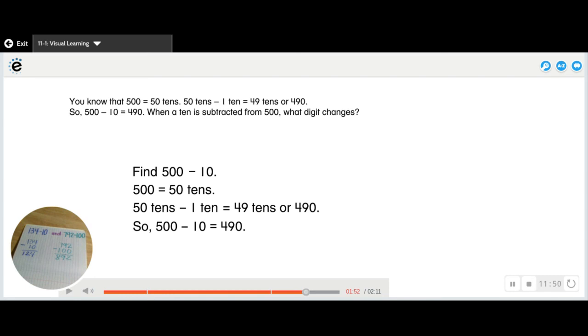Does the 0 change? Does the 0 in the ones place change? Okay, what changes? The hundreds place, the tens place, or the ones place? Think about that. Both the hundreds and tens digits change. The hundreds digit changes from 5 to 4, and the tens digit changes from 0 to 9.